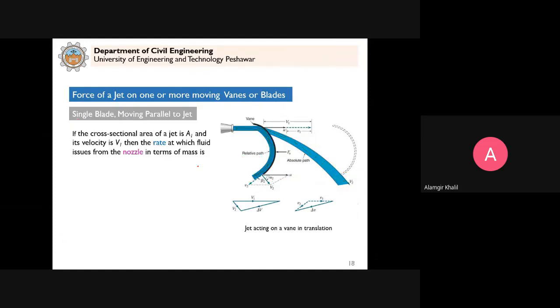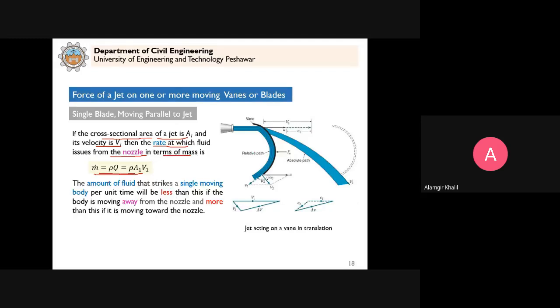Now, how do we calculate the discharge? As I said, the discharge that will hit the moving vane will be less. If the cross-sectional area of the jet is A1 and the velocity is V1, then the rate at which the fluid issues from the nozzle in terms of mass is this. This is the mass which will hit the vane.